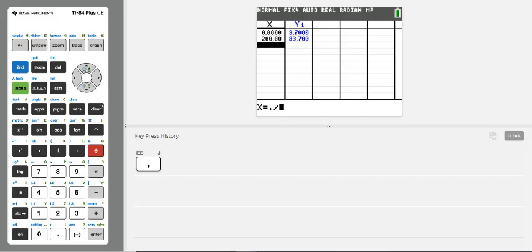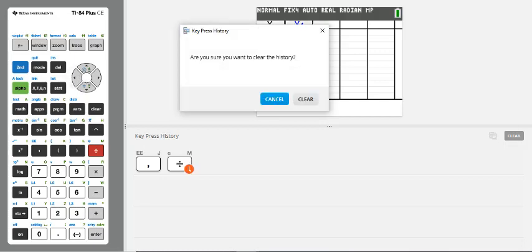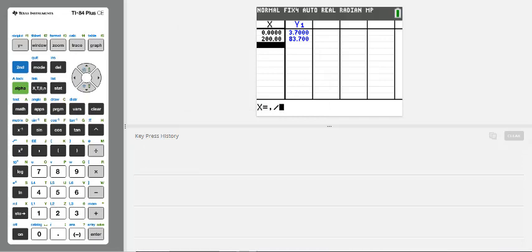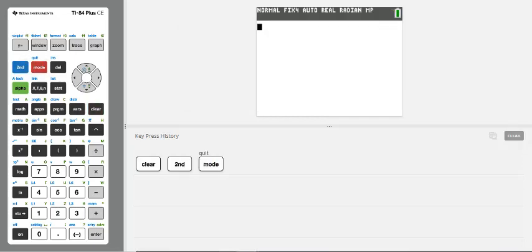So first, clear the old equation. Okay, now there we go.